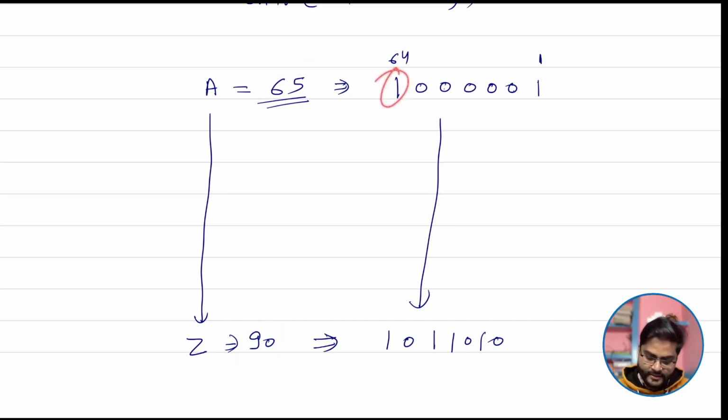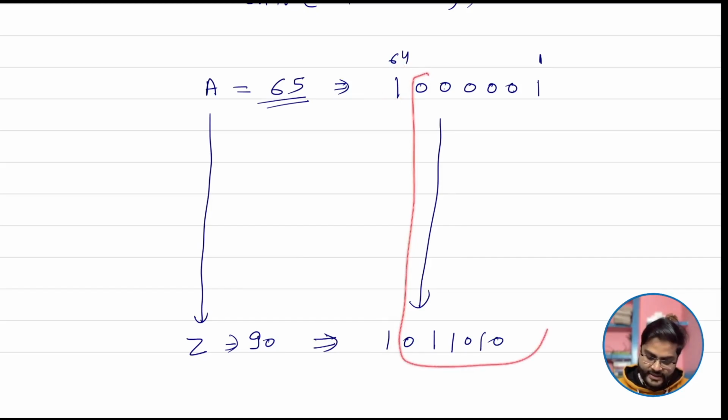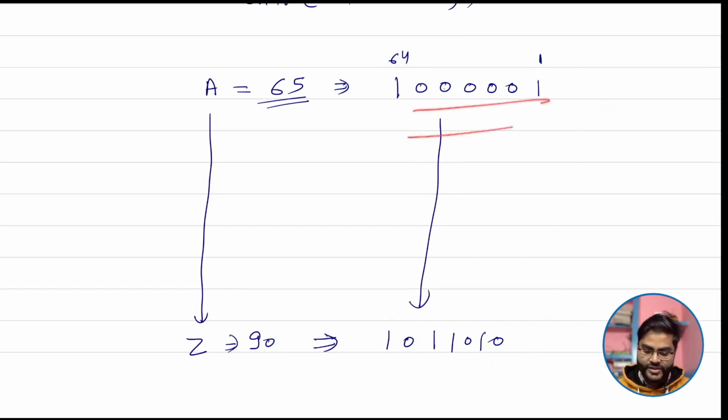And the bit at 64 value is always set. Why? Because it will always be greater than 64, right? 65, 66, 67, 68 till 90. So this bit will always be set, but these bits will keep on changing.